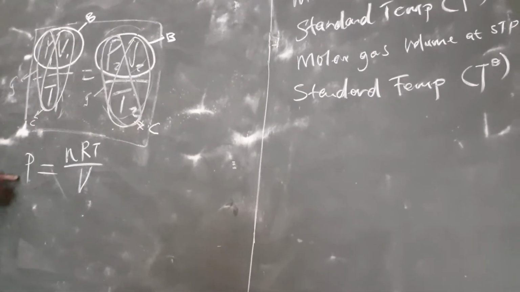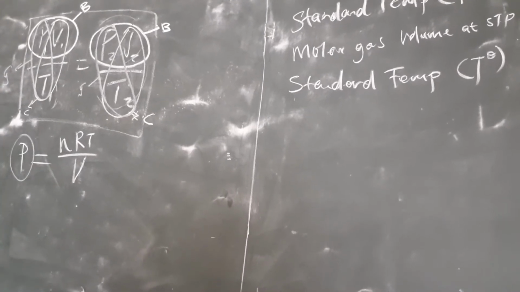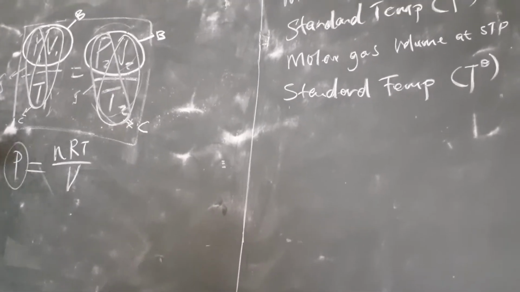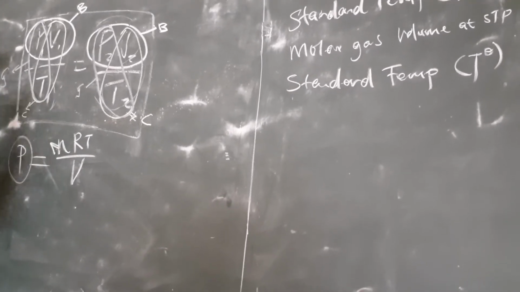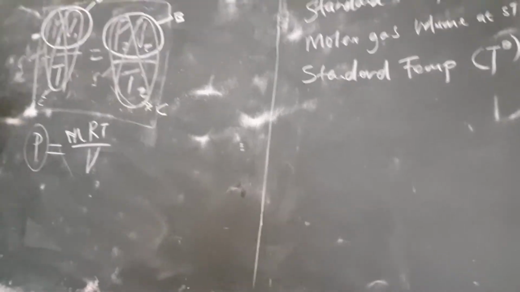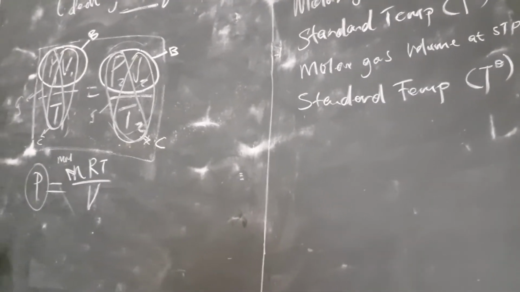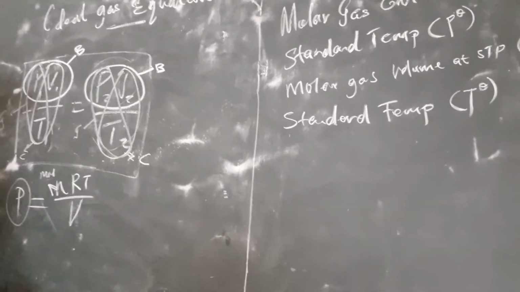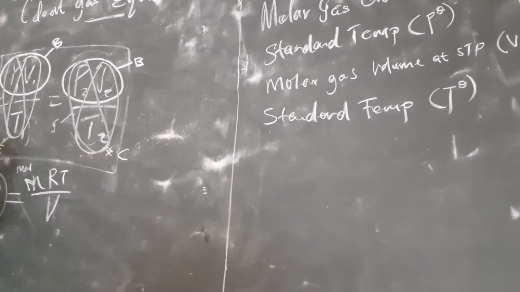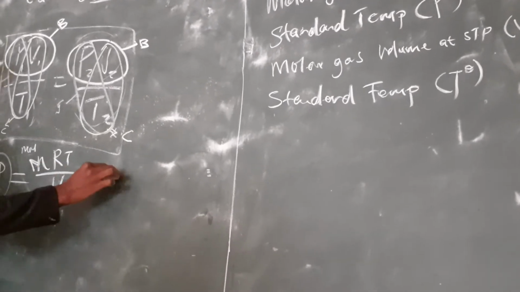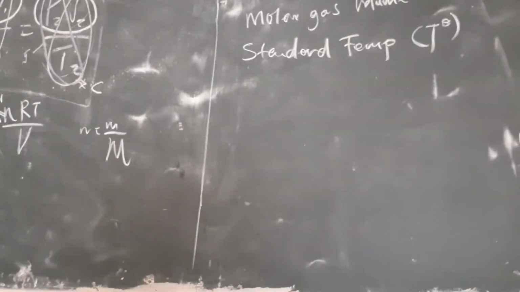So now we are moving to this one, where we understand that P stands for the pressure. N stands for the number of moles. In stoichiometry, you calculated the number of moles, which was mass over molar mass.